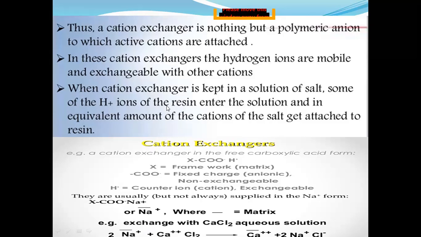For example, 10 Na plus ions carry 10 positive charges, so they are replaced with 5 Ca 2 plus ions, since each calcium has 2 positive charges. So 2 Na plus ions attached to the matrix, treated with calcium chloride, are replaced with 1 Ca 2 plus ion.